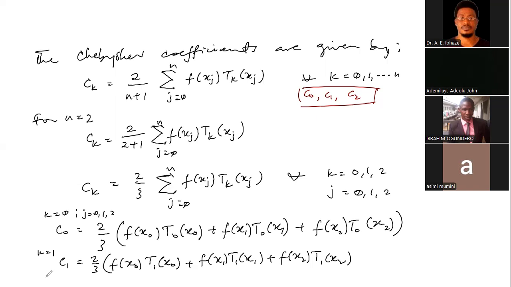So at k equal to 2, we now have C2. We have C2 being the same as 2 over 3 into bracket f of the first term s0.